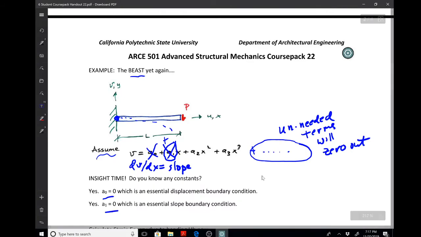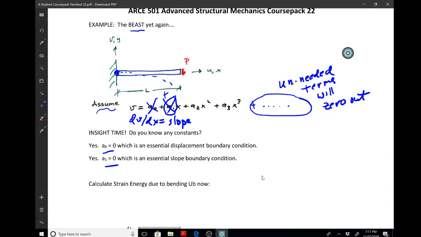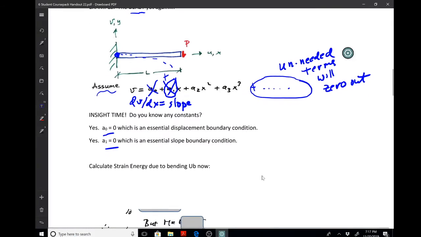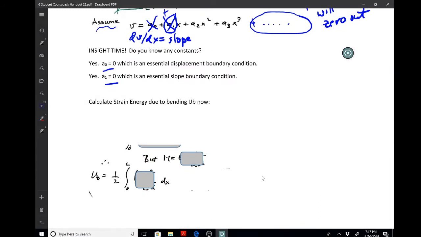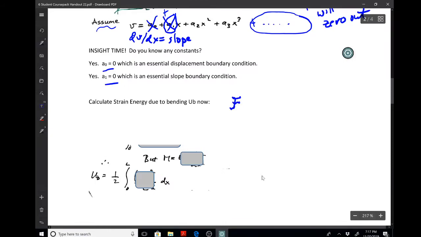So we have a0 is equal to 0 and a1 is equal to 0, just by kind of engineering insights. Let's calculate the strain energy due to bending. We could start with equation 6.11-4, which is our capital U_B is 1/2 integral 0 to L of EI, and then it's d squared v dx squared, the second derivative.